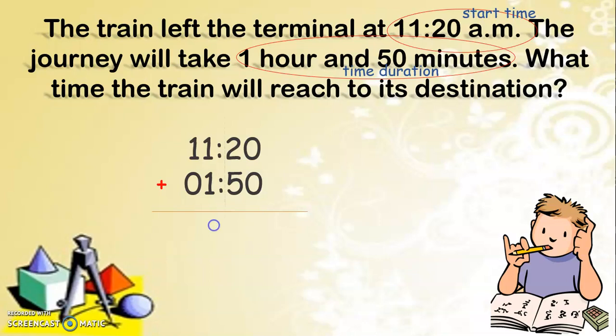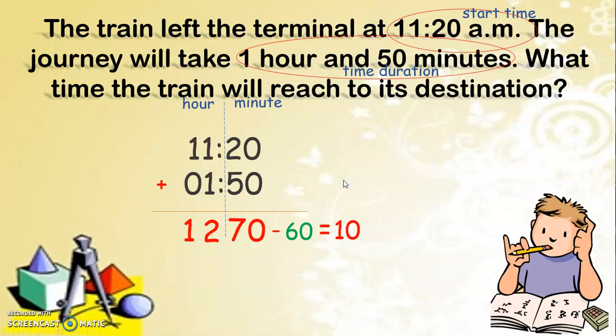So let us divide it again by the column of minute and hour. So we will add now. 0 plus 0 is 0, 2 plus 5 is 7, 1 plus 1 is 2, and 1 plus 0 is 1. As you see, it is 12:70. Since we don't have 70 minutes, what we need to do again is to subtract the 60 minutes.